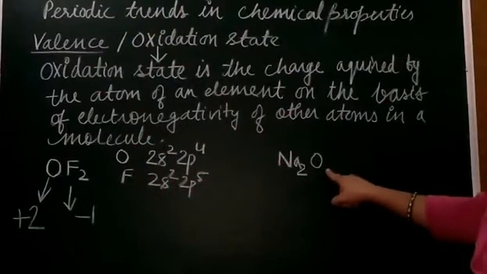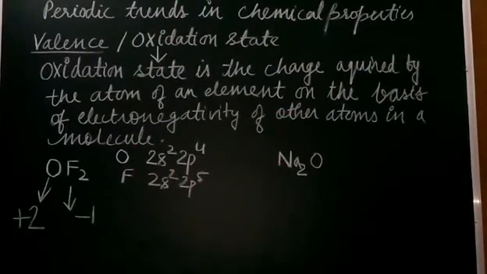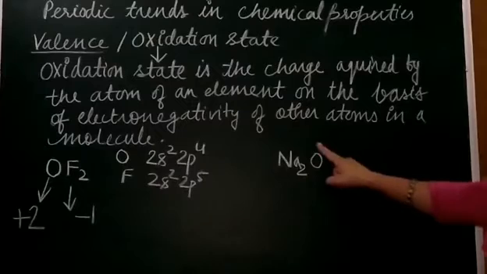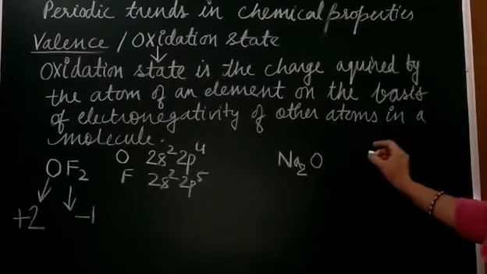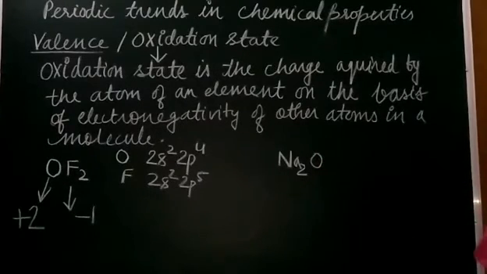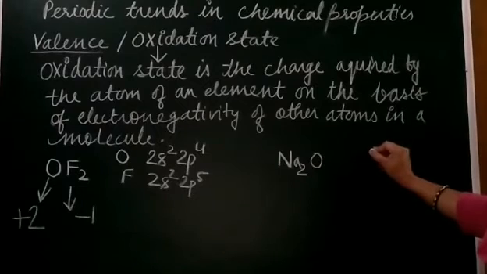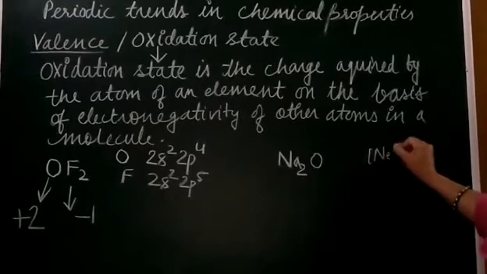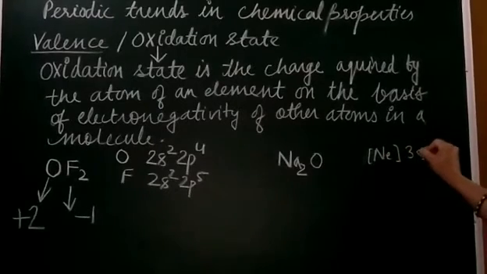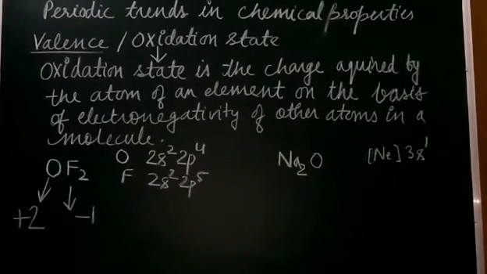Now just come to the next compound, it is Na2O, right? We know the configuration of sodium is neon 3s1. This is the configuration of sodium.